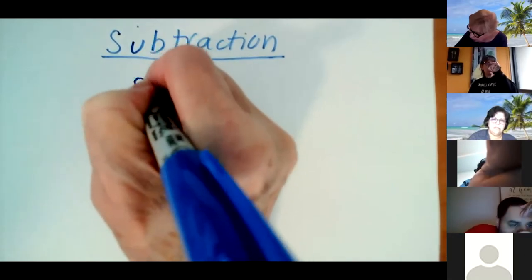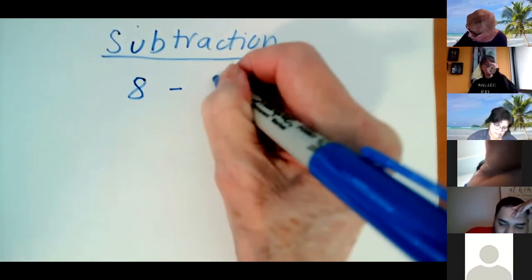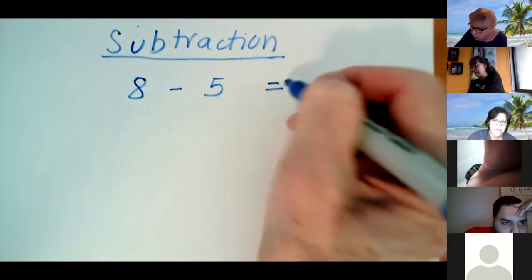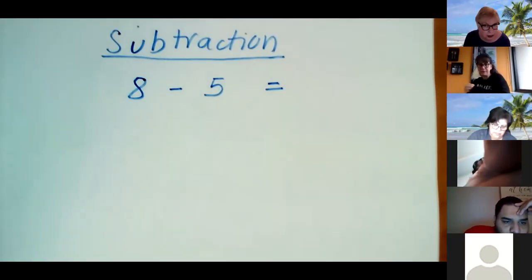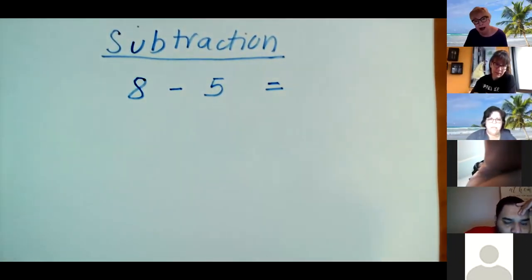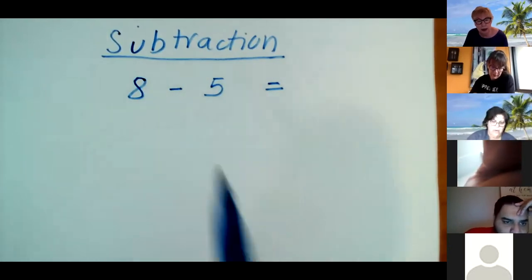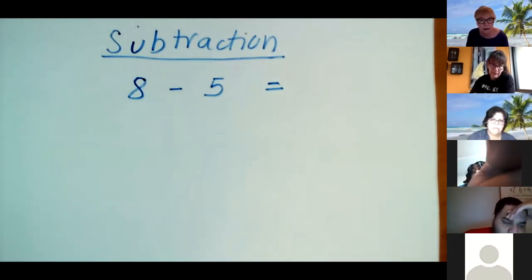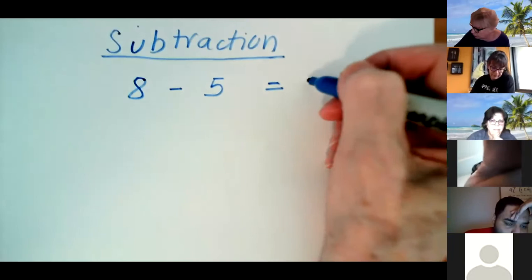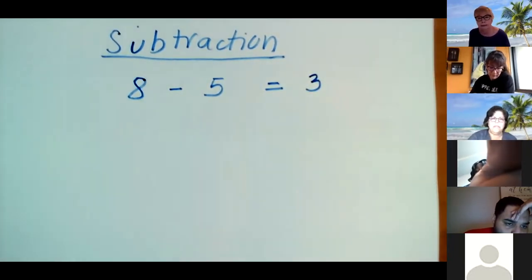Let me start. This is a regular subtraction problem. They're both positive numbers. I didn't bother to put parentheses because I thought it was clear enough. 8 subtract 5 would be 3.